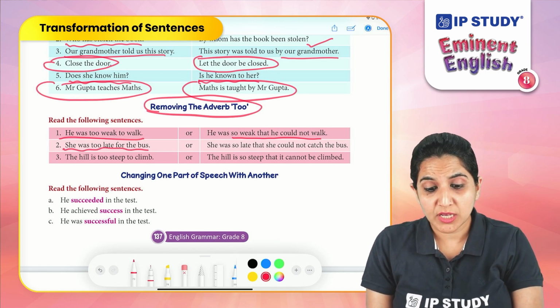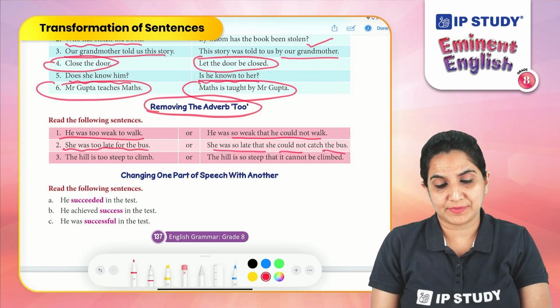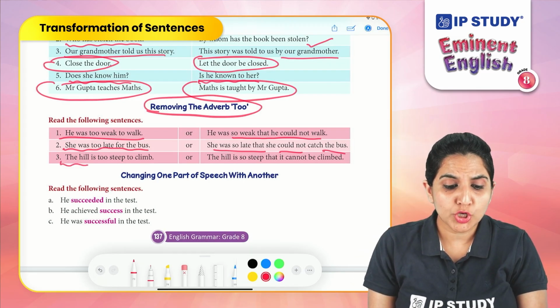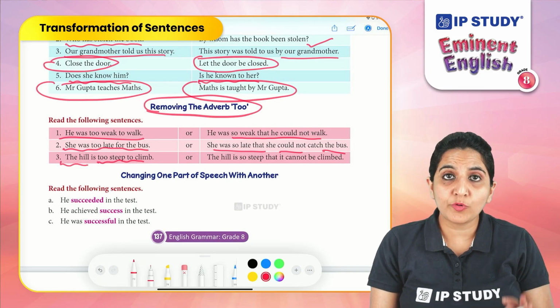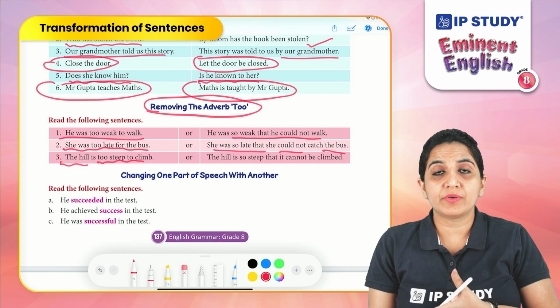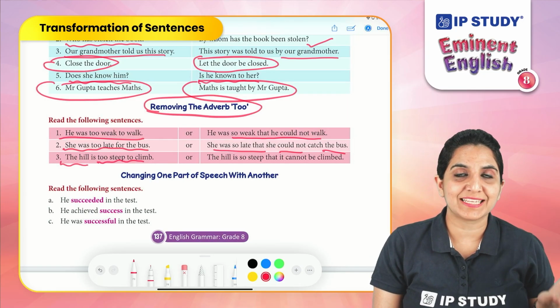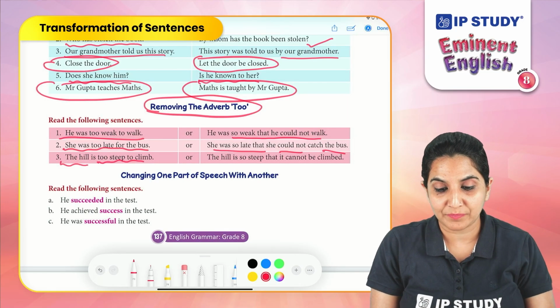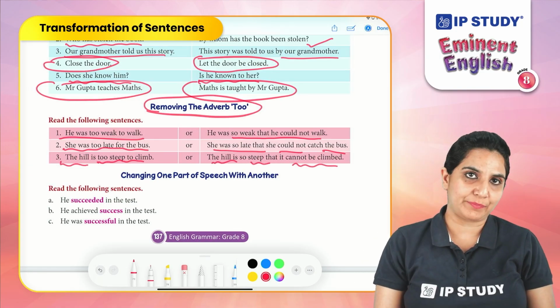She was so late that she could not catch the bus. The hill is too steep to climb. So by removing the adverb too and replacing it with so that, we can transform this sentence without changing its meaning. The hill is so steep that it cannot be climbed.